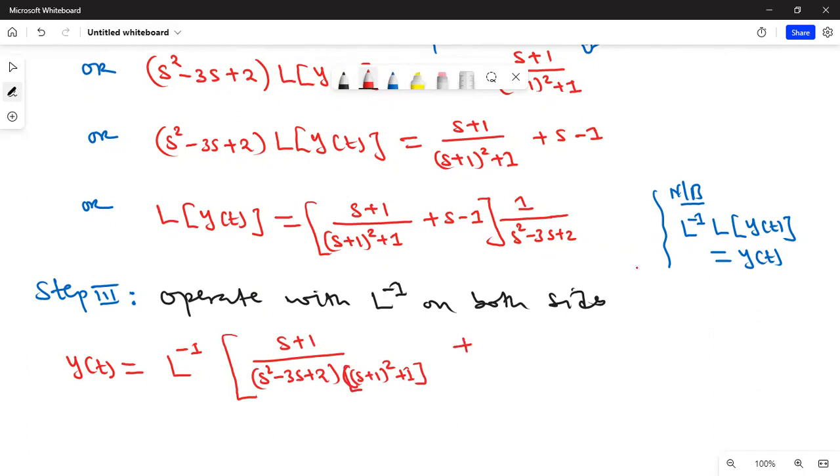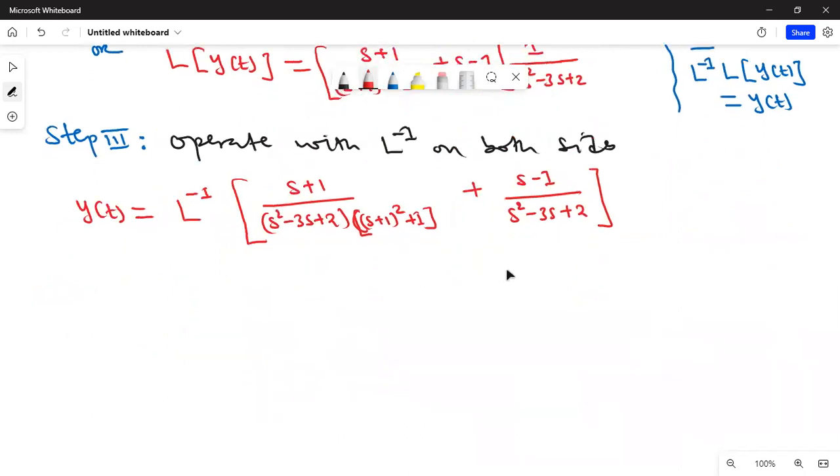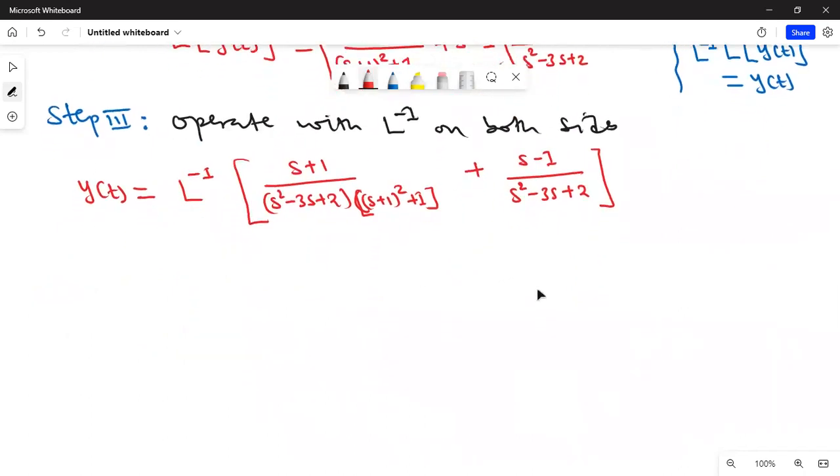Then I can see this plus (s minus 1) over (s squared minus 3s plus 2). So we need to get the inverse of that function on the right hand side. This is the question, how do we find the inverse? That's what you need to ask yourself.